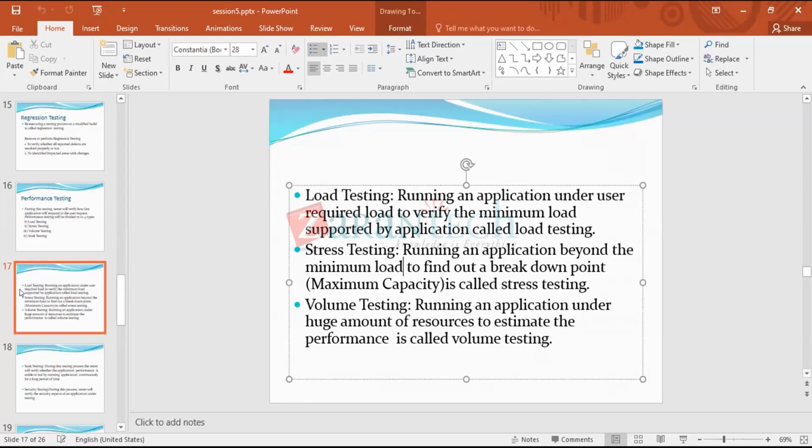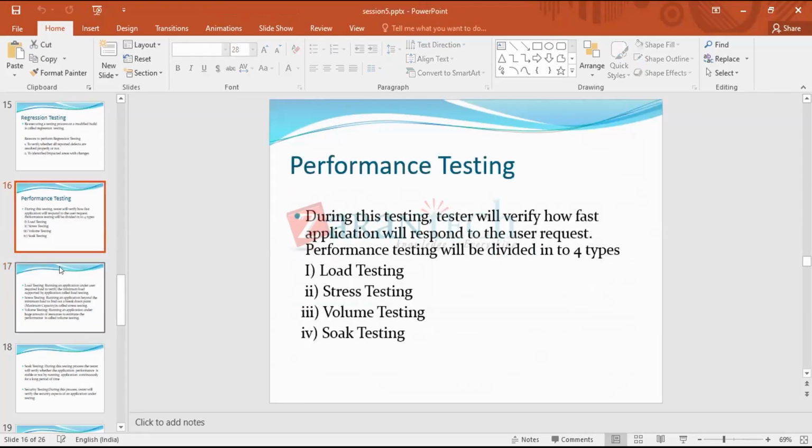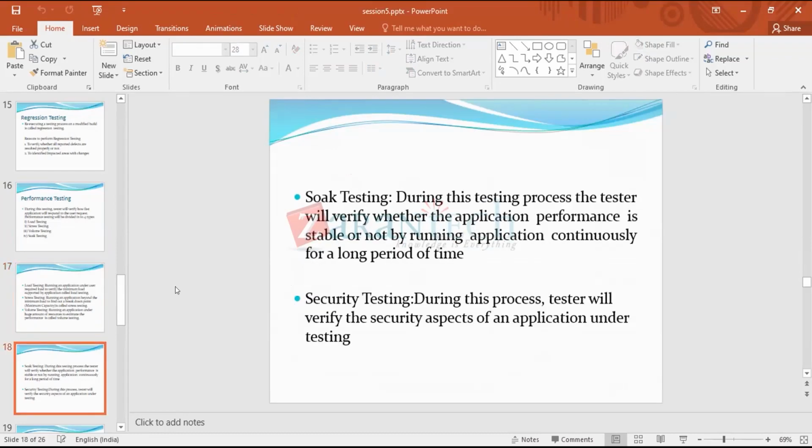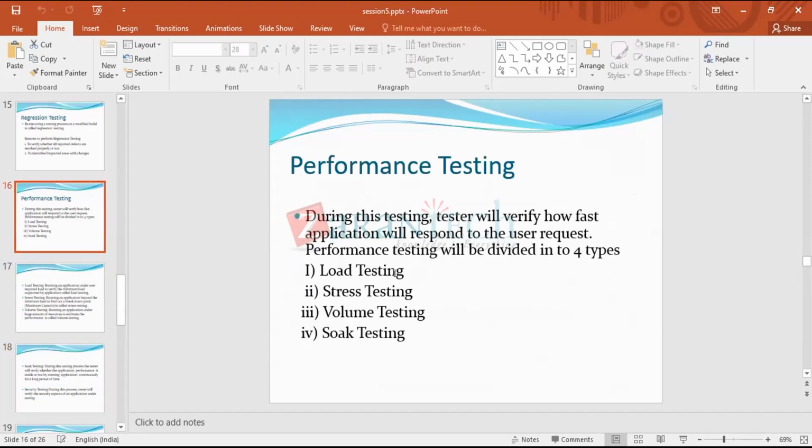Under performance, there are 4 testings: load, stress, volume, soak. Soak means temperature.